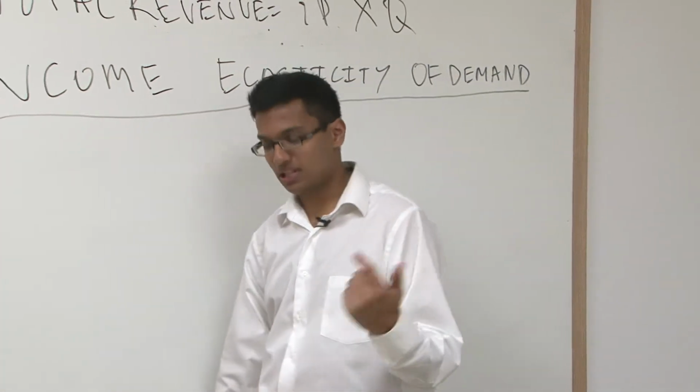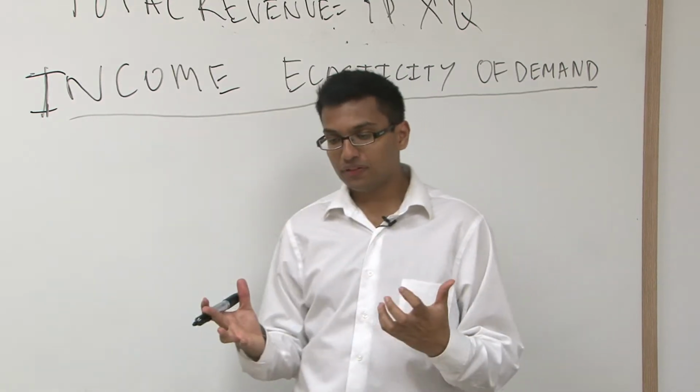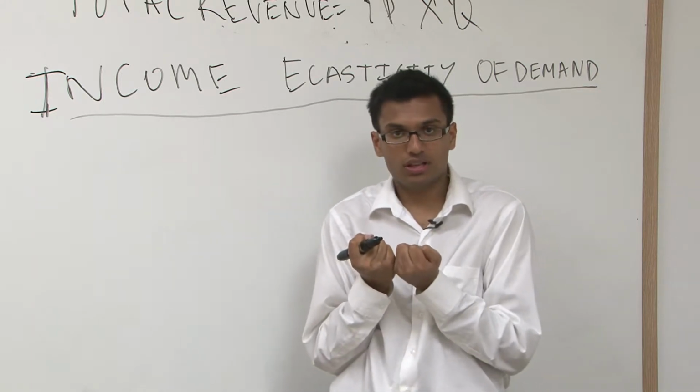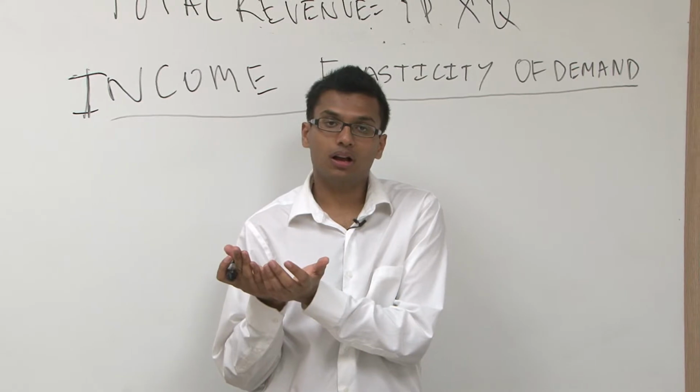Well, what is the income elasticity of demand? Income elasticity of demand talks about how, if the consumer's income changes, that affects the change in the quantity demanded of a particular good.